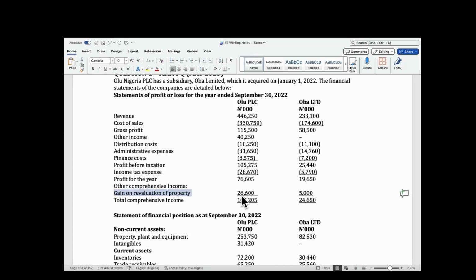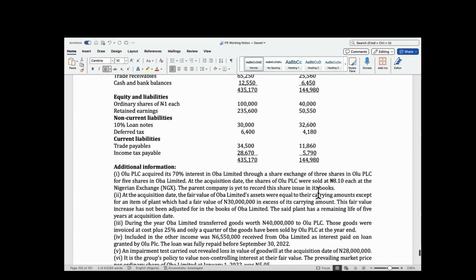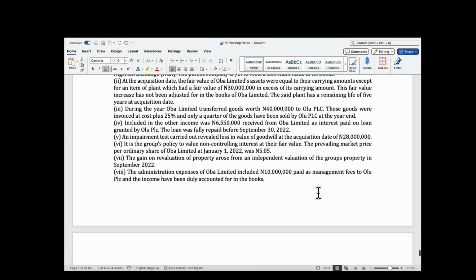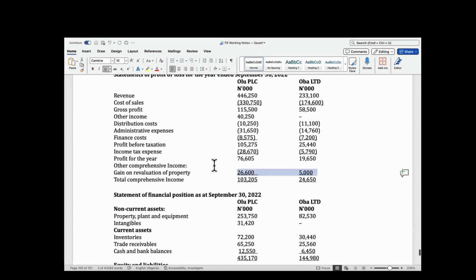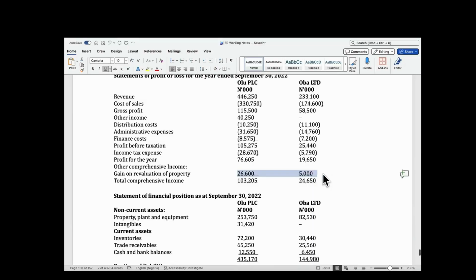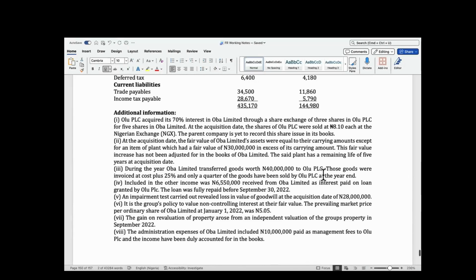This gain on property revaluation, is it for the two or one of them? Anyway, it's for the two. So they did the revaluation, so they had this, right? They had that.